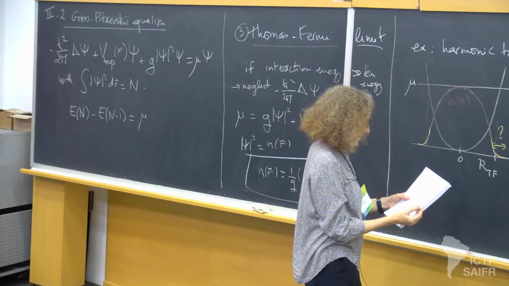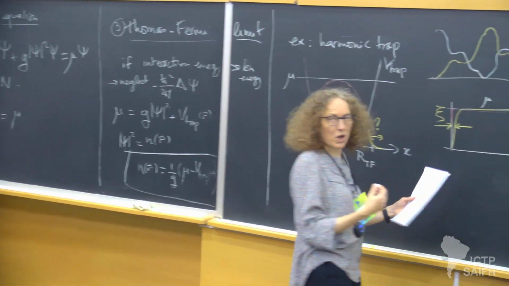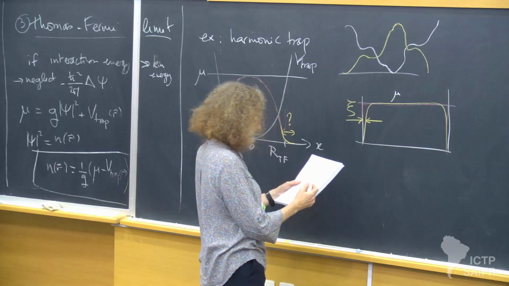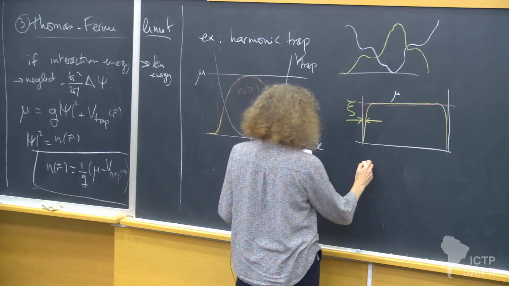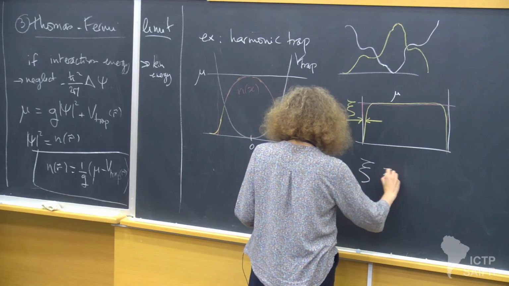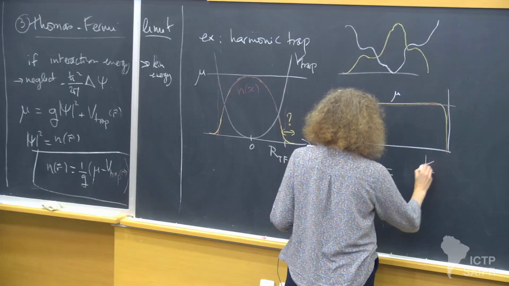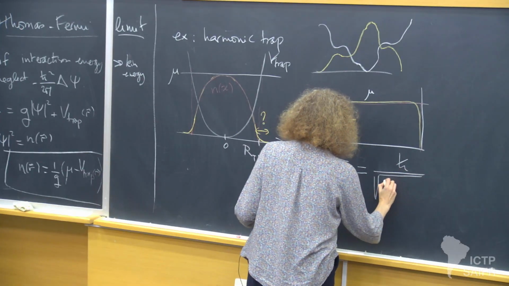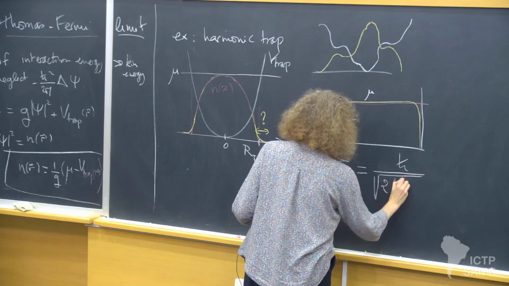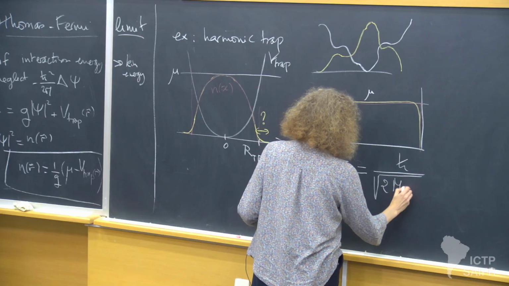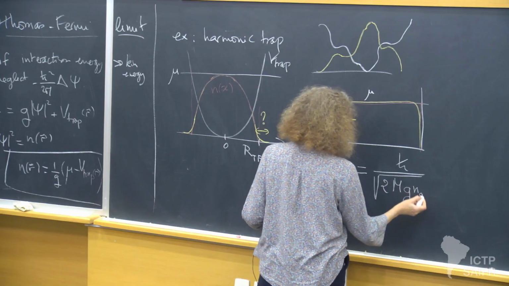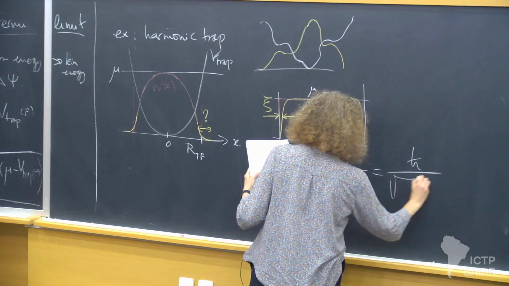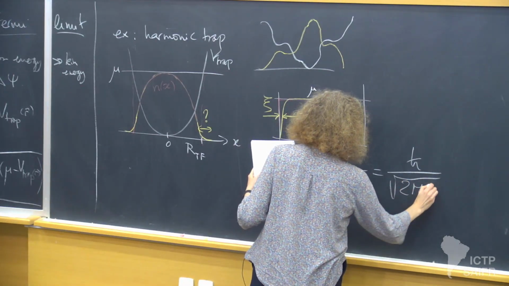And if you solve the equation, which is very standard, you find that the expression for this healing length is h bar over square root of 2m g n0, or if you prefer, h bar over square root of 2m mu.